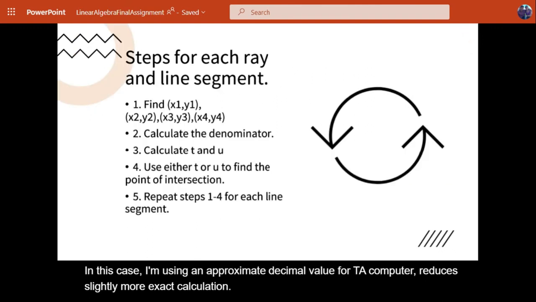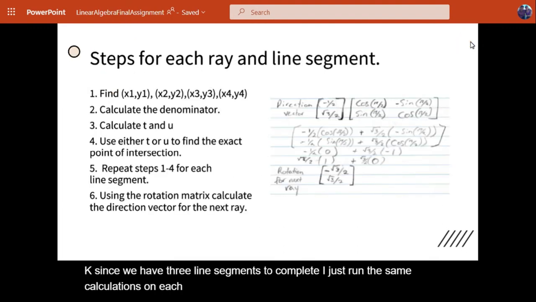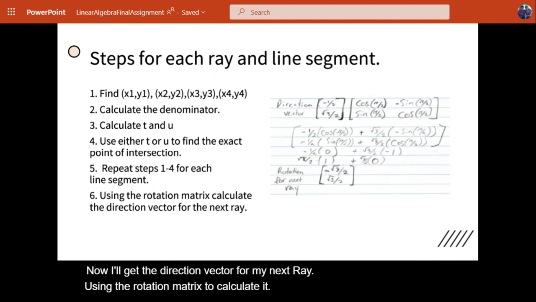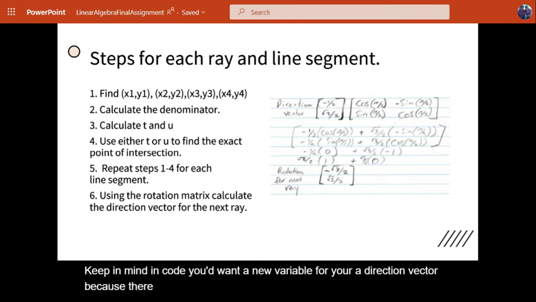Since we have 3 line segments to complete, I just run the same calculations on each line segment. Now I'll get the direction vector for my next ray using the rotation matrix to calculate it. Keep in mind, in code, you'd want a new variable for your ray direction vector because the ray calculations would not change the player's direction vector.